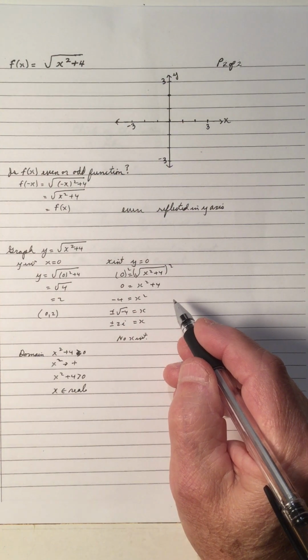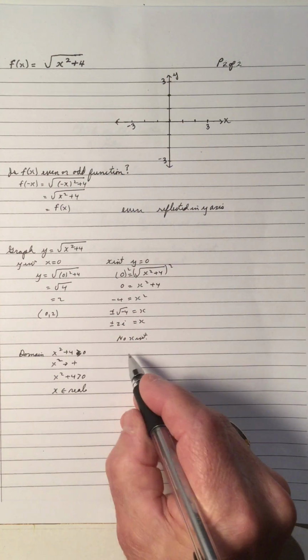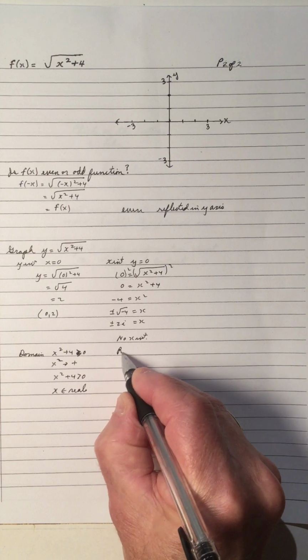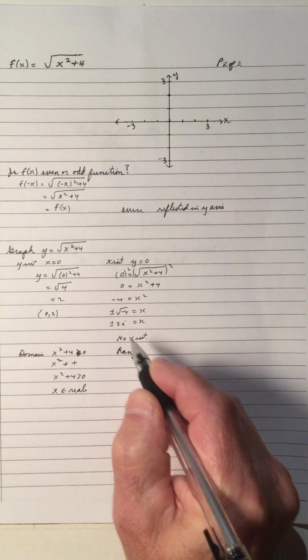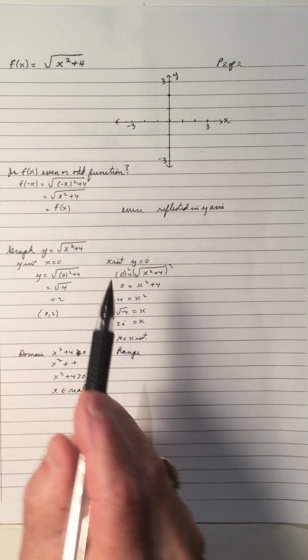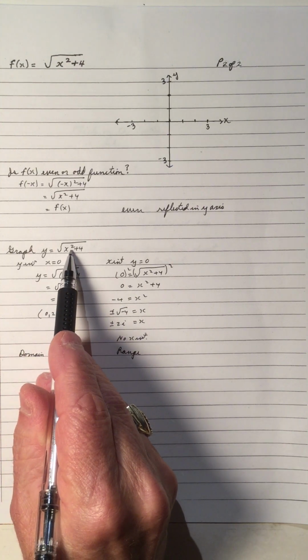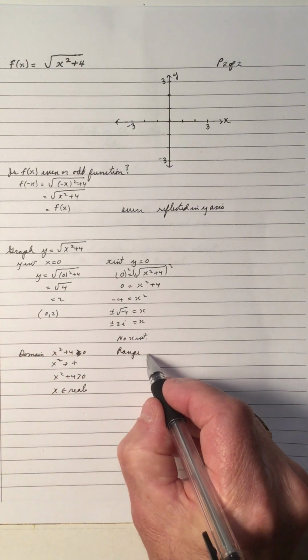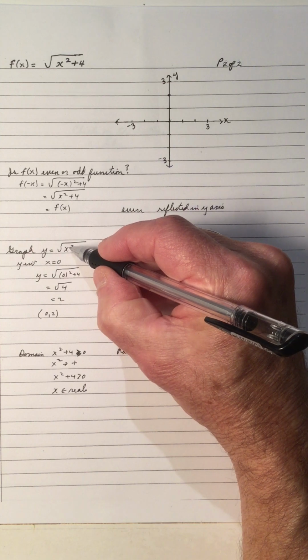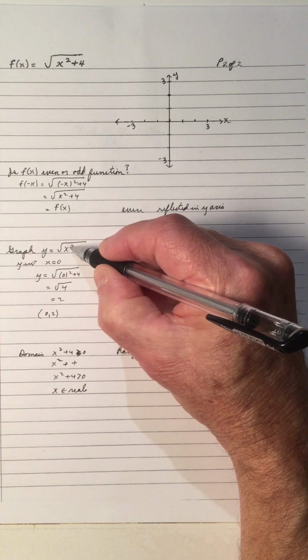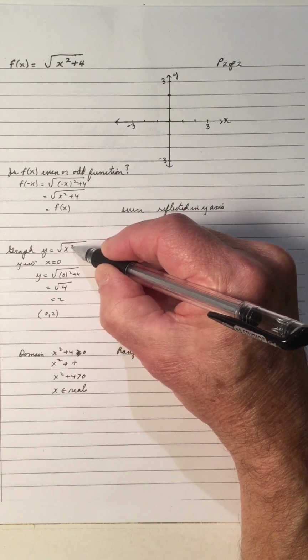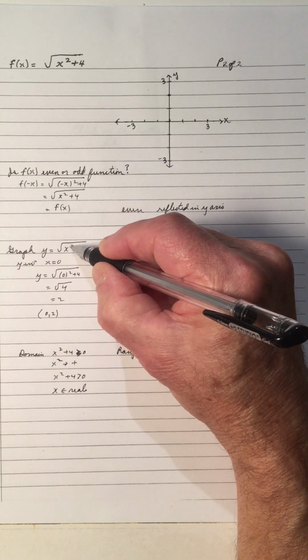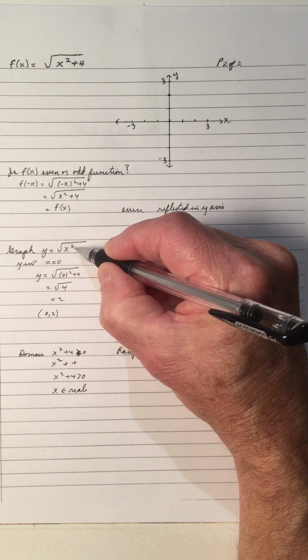Now, what about the range? Well, let's look at the range. If x is 0, then I would have the square root of 4.